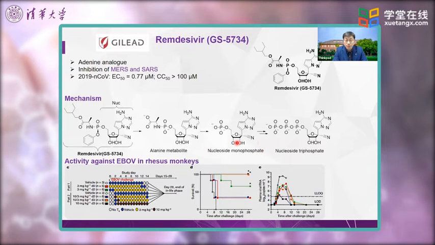This monophosphate will be further transformed into triphosphate. Finally, this triphosphate will be the active form to stop the viral RNA polymerase activity. This drug has been proven to be highly active against Ebola virus in rhesus monkeys. Here you see the data.